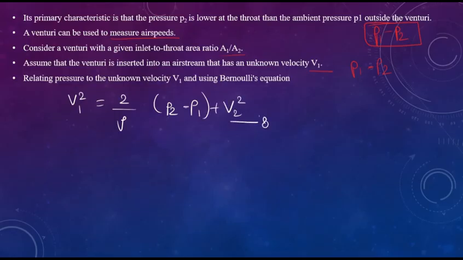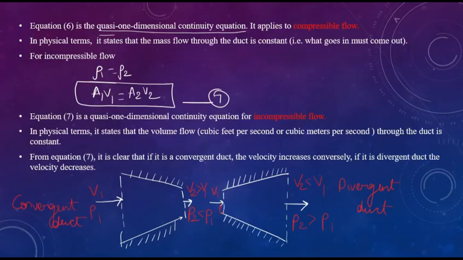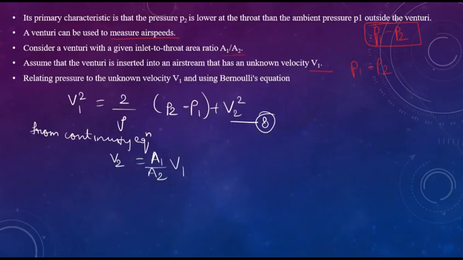Let us say this is our equation 8. Now from the continuity equation for incompressible flow, can I write V2 is equal to A1 by A2 into V1? Let us say this is our equation 9.